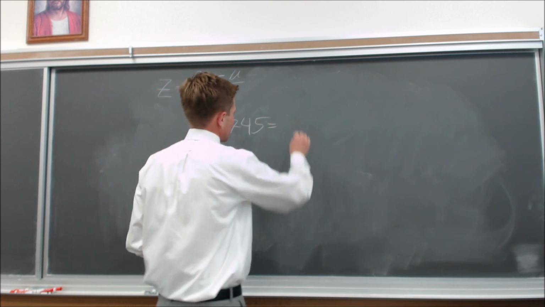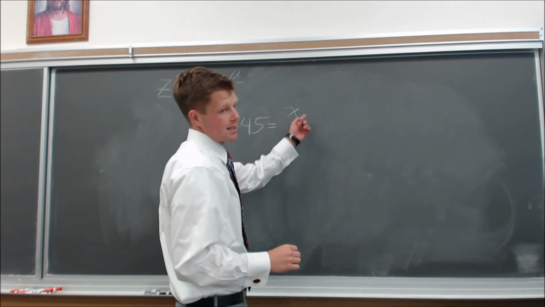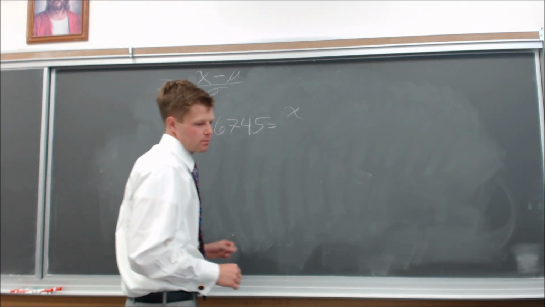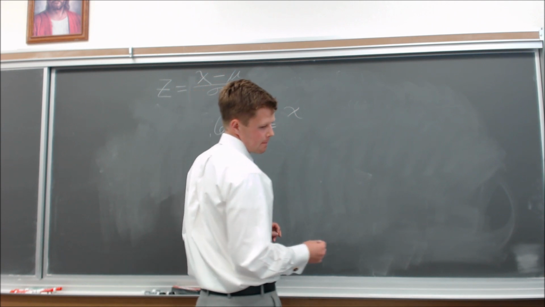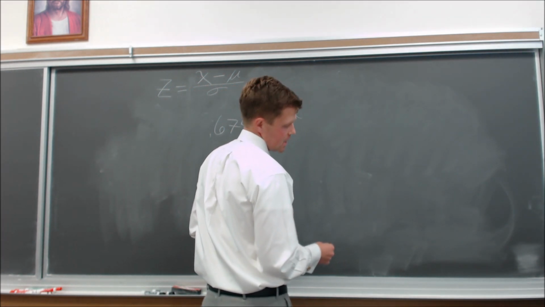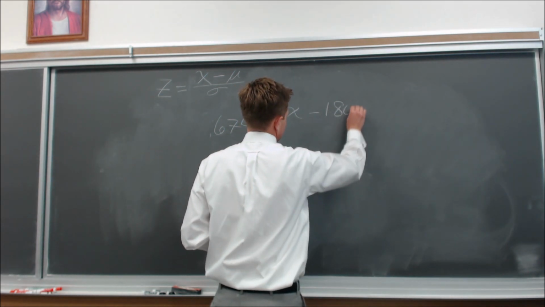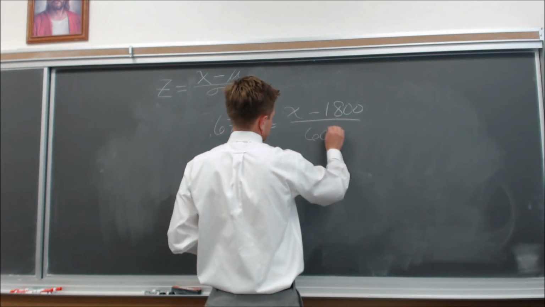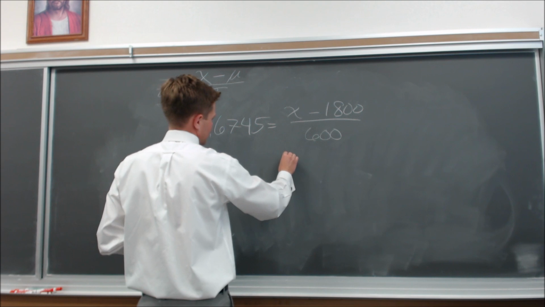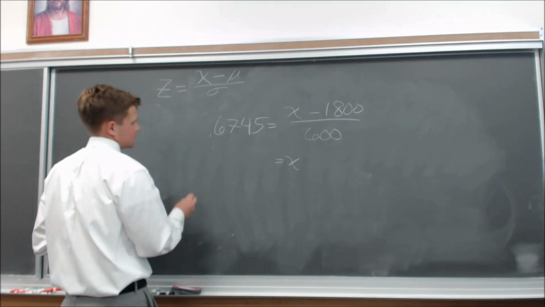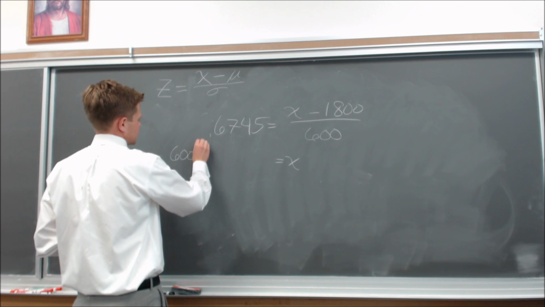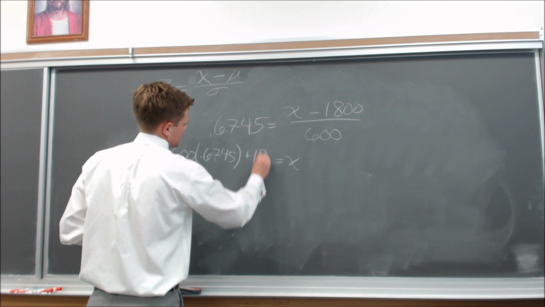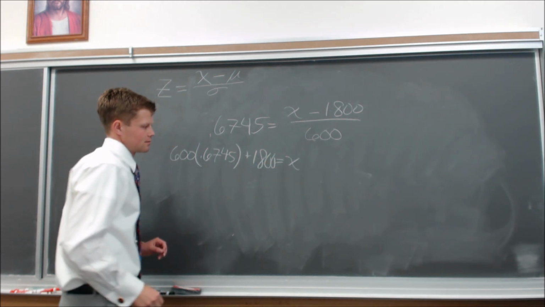is equal to our x value, which is what we're looking for, the x value at the 75th percentile. Remember, this z-score represents the 75th percentile, minus our mean, which is the 1,800, divided by our standard deviation, which is 600. Okay, you do your algebra and you get x is equal to 600 times 0.6745 plus 1,800.